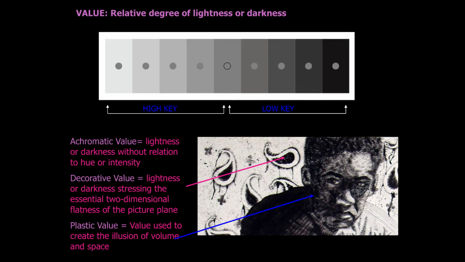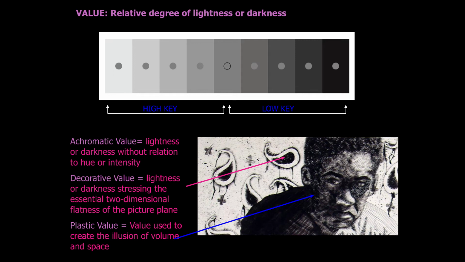We'll talk about decorative value and plastic value. So decorative value, if you look in the background, is lightness or darkness stressing the essential two-dimensional flatness of the picture plane. And we'll look at a couple more examples of that. Plastic value is value used to create the illusion of volume in space.